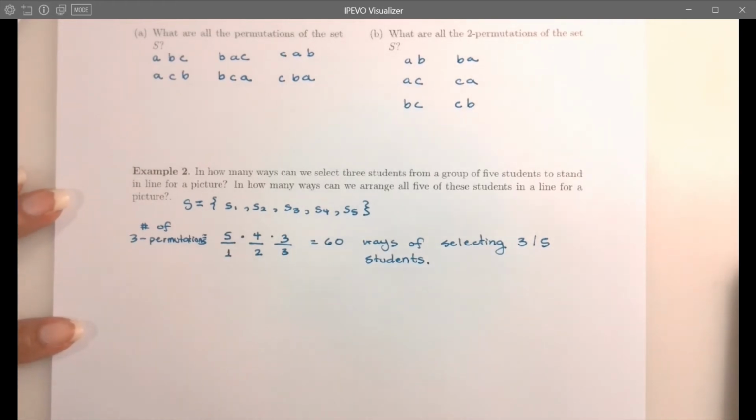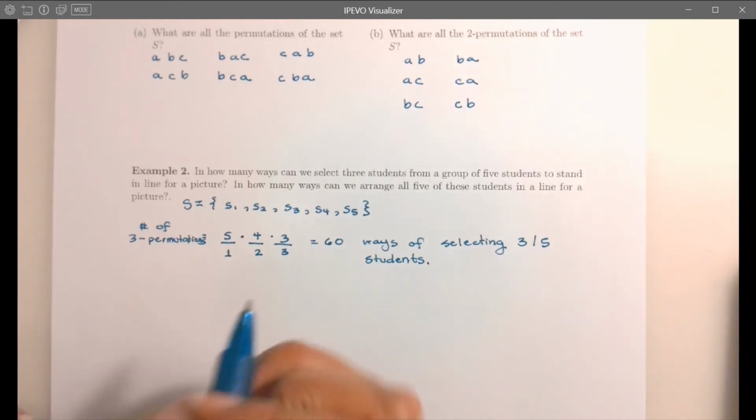Okay. Now for the second part, they want us to find out in how many ways we can arrange all 5 of these students in line.